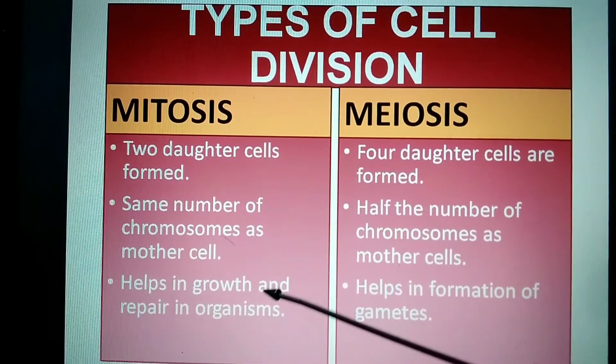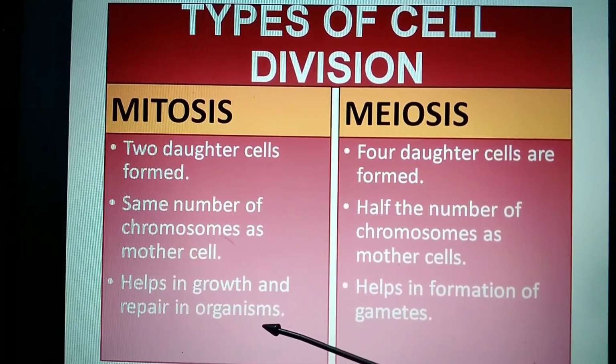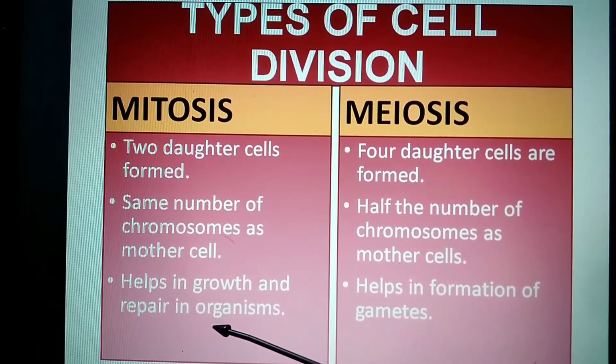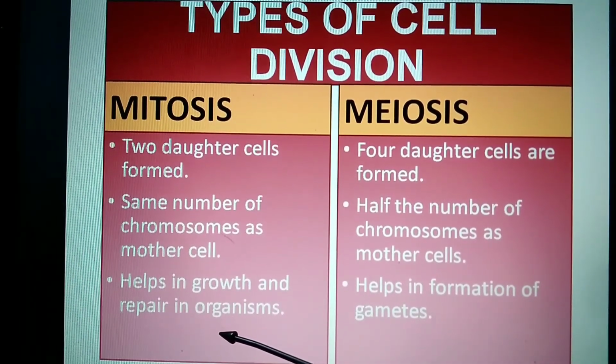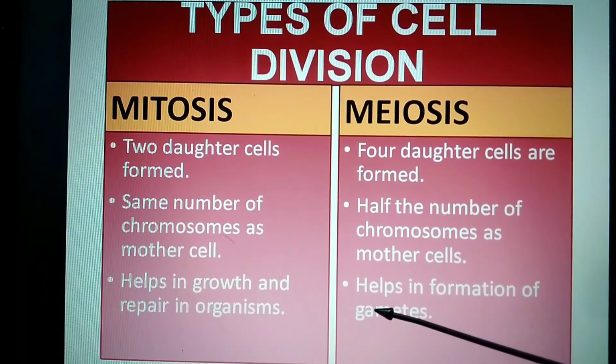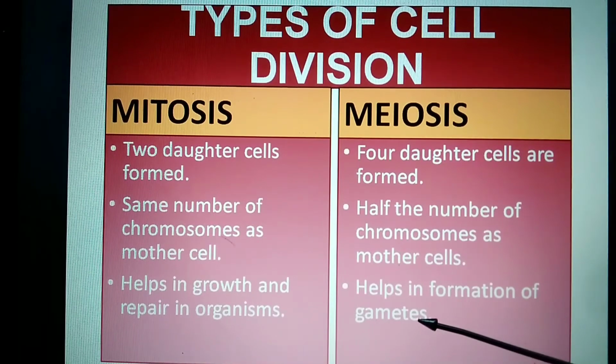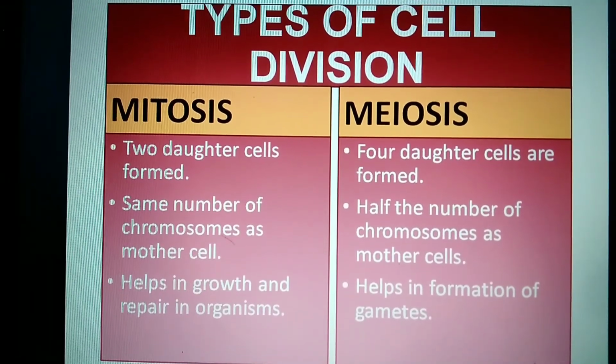The main purpose of mitotic division is to help in growth and repair in organisms, whereas in case of meiosis, the cell division results in the formation of gametes.